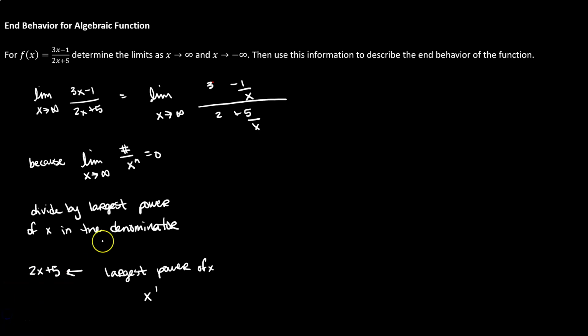The 3 and the 2, those are constants, so it doesn't matter what x is doing, they're going to stay where they are. The 1 over x would go to 0, the 5 over x would go to 0. So for this function, as x gets infinitely large, the function approaches 3/2.